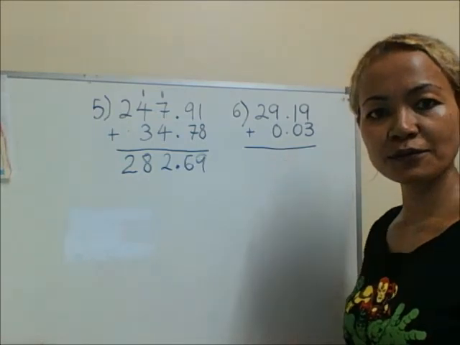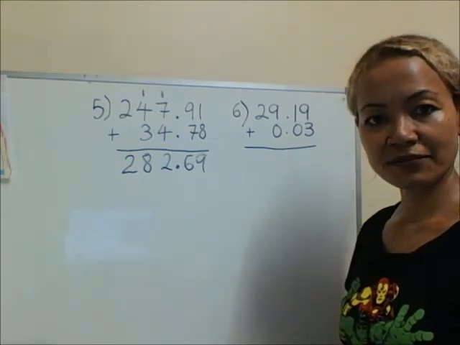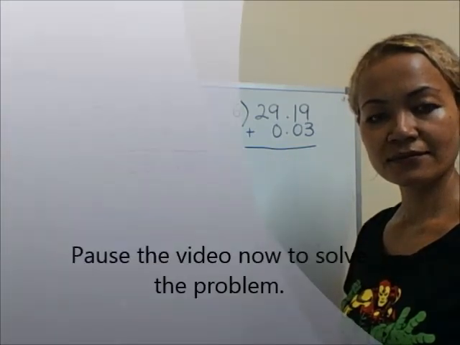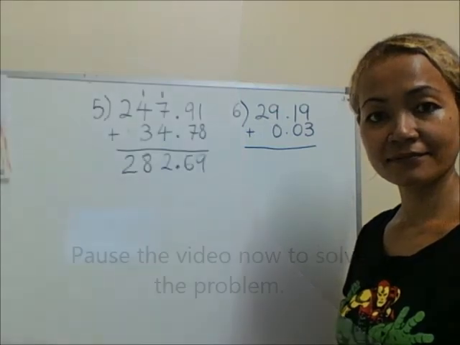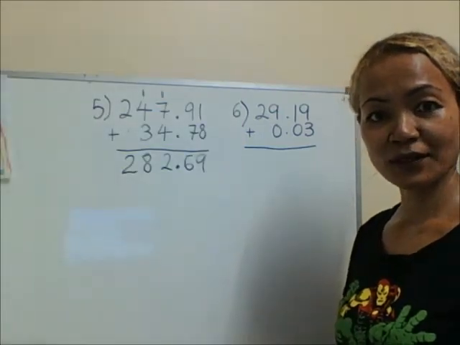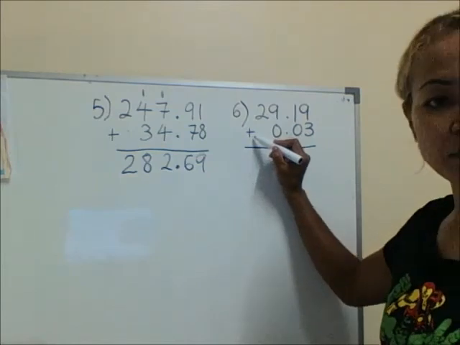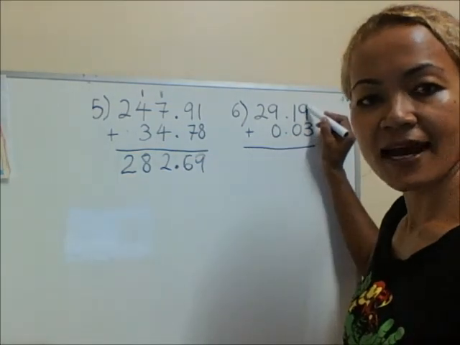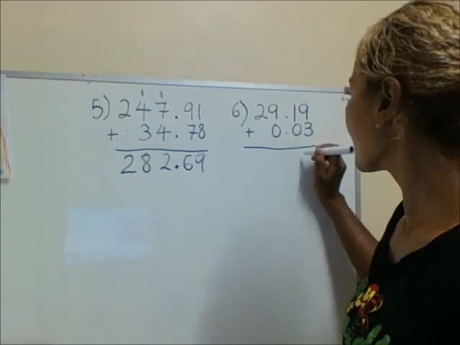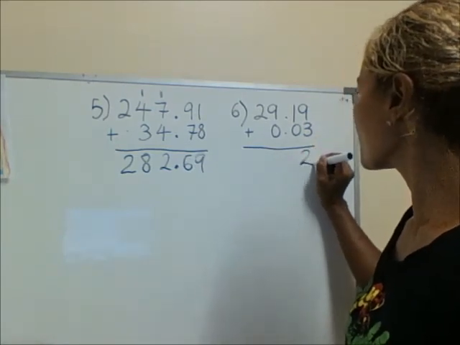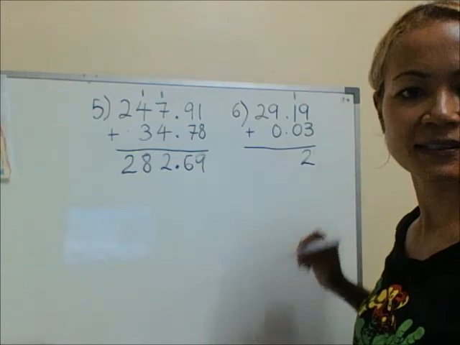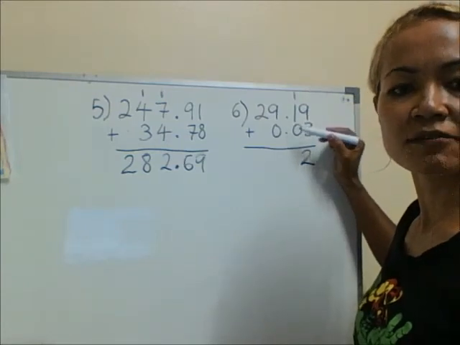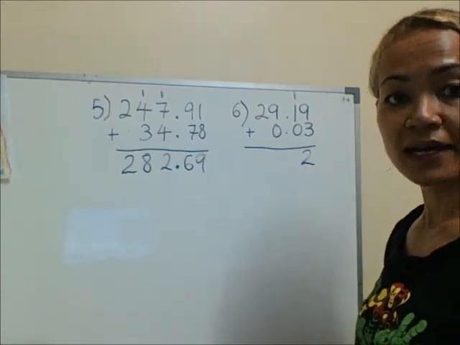Before we do the last one, I'll give you a bit of time to solve it. Did you get it? Okay. Again, it's a plus. So 9 plus 3 is 12. 2 carry 1. 1 plus 0 is 1.